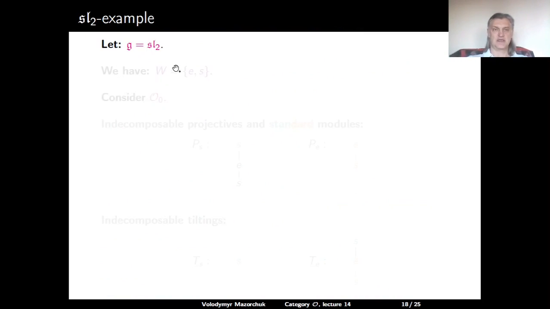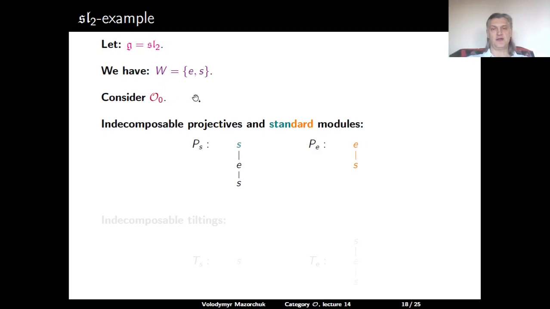So here is an sl2 example. If we take the algebra sl2, then the Weyl group consists just of two elements, the identity and the simple reflection s. If we consider the principal block of category O, then the indecomposable projectives in this block look as follows. We have the dominant projective, which has its simple on top and the antidominant simple in the socle. This is a standard module because it's dominant. And then the antidominant projective, which has the simple on top, then the trivial module in the middle, and its simple in the socle.